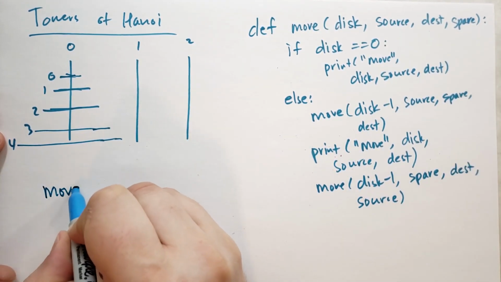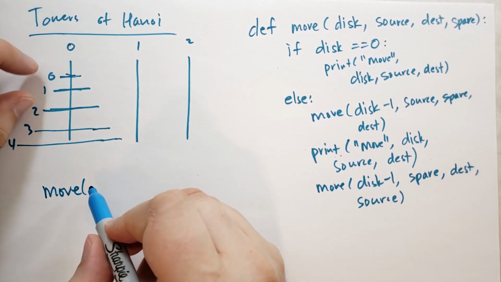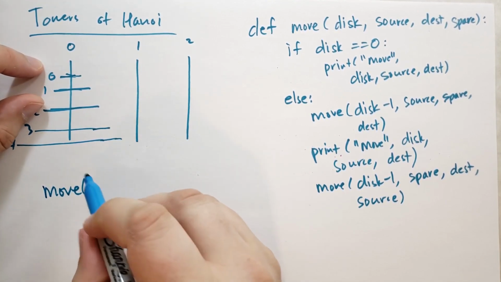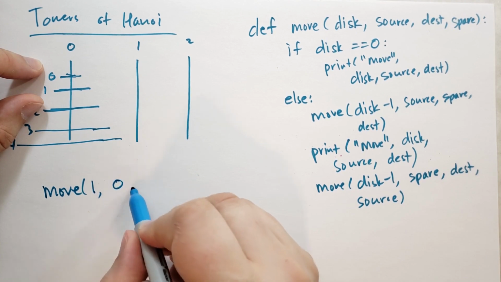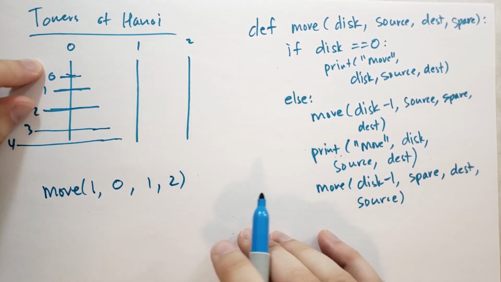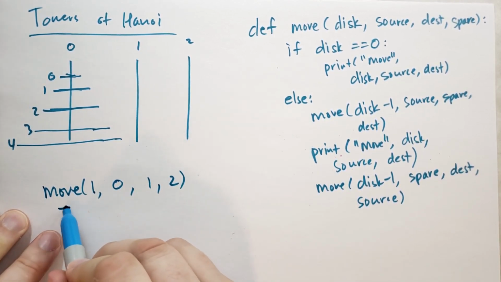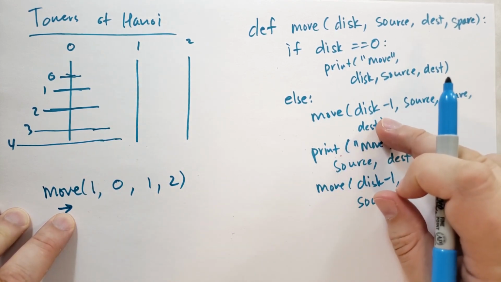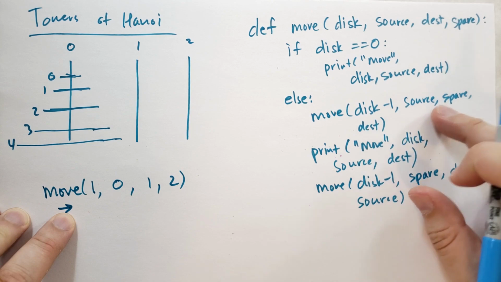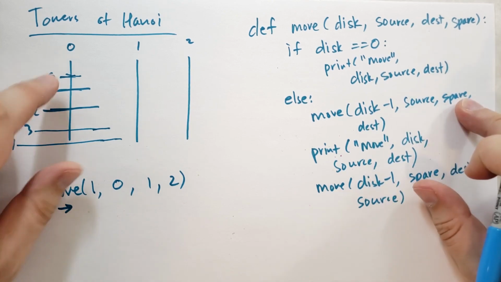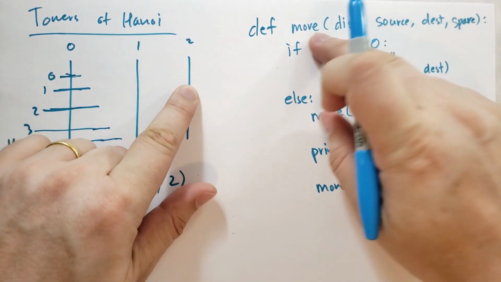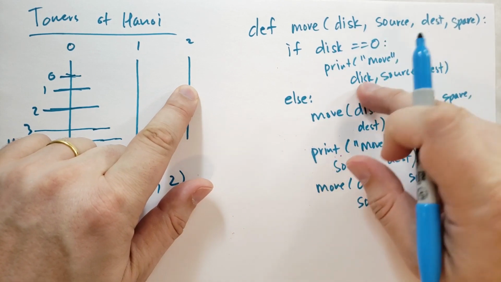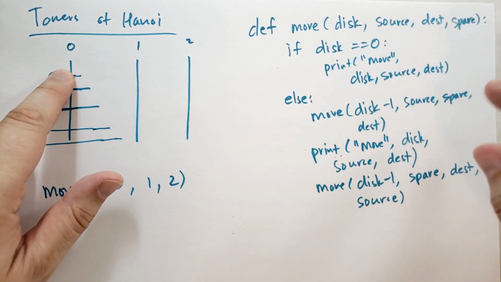Say move, let's say we have only the 2 disks, the 1 disk. So 1 and 0. We want to move this from 0 to 1 using 2 as spare. And what should we see? We should see it's going to print out and say move 0. It's going to move the 0 disk from the source to the spare. So it's going to move 0 to 2. And when it calls that, then it's going to say move the disk from the source to the spare.